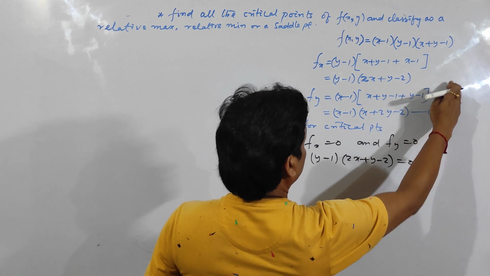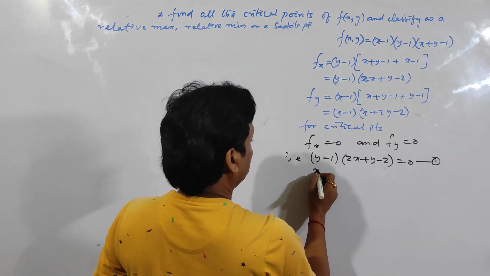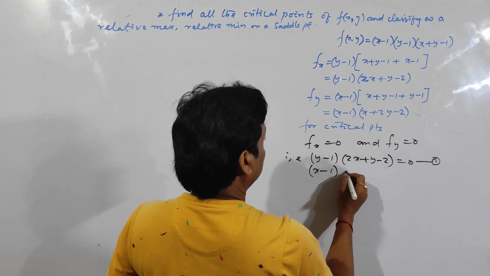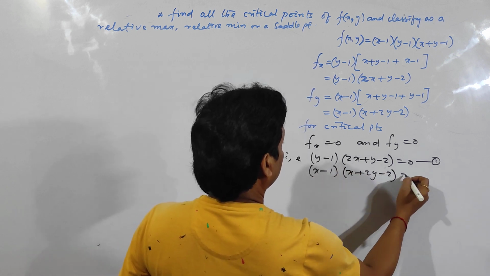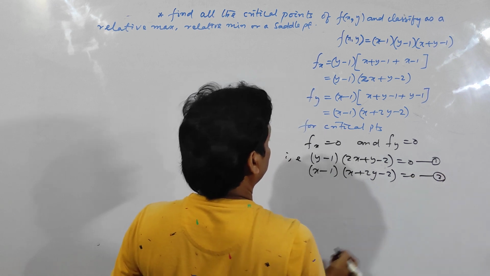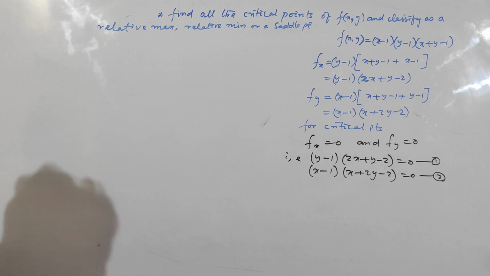Don't write it here, it will be better to call this equation 1, and this one, x minus 1 into x plus 2y minus 2 equal to 0, is equation 2. Clear?